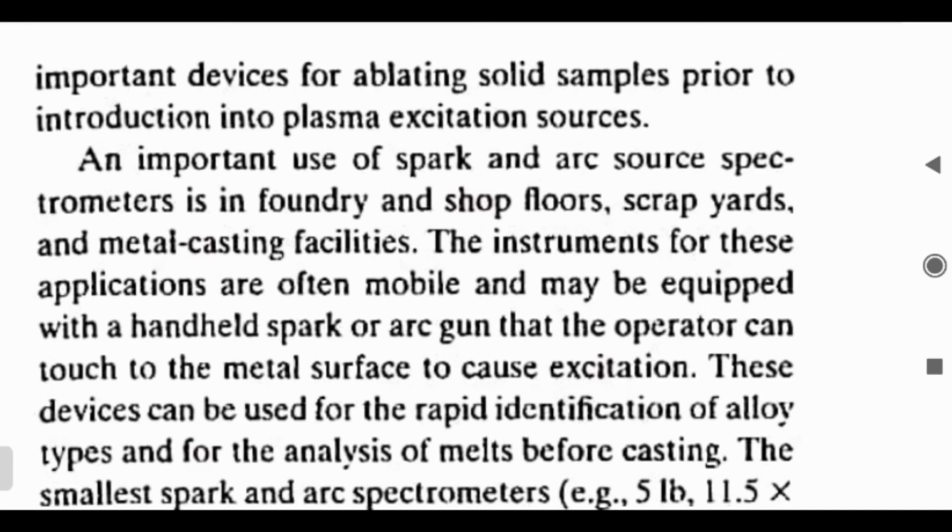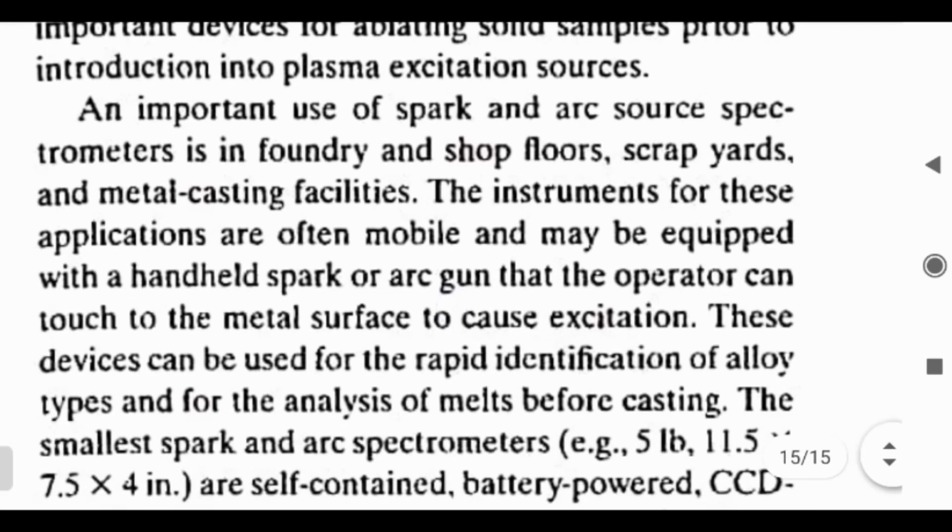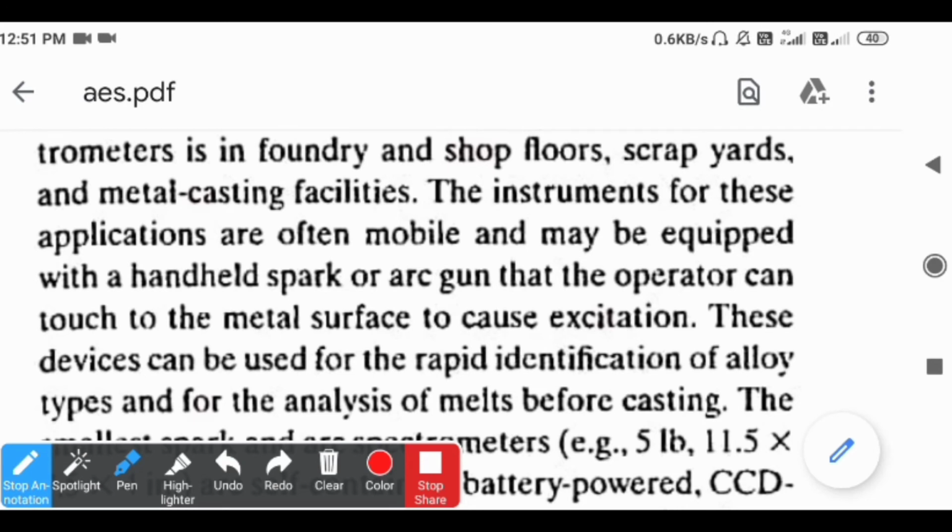So arc and spark techniques are usually useful for metals. The important use of arc and spark spectroscopy is generally found in shop floors, scrap yards, and metal casting facilities, where this can be used as a mobile, handheld device.